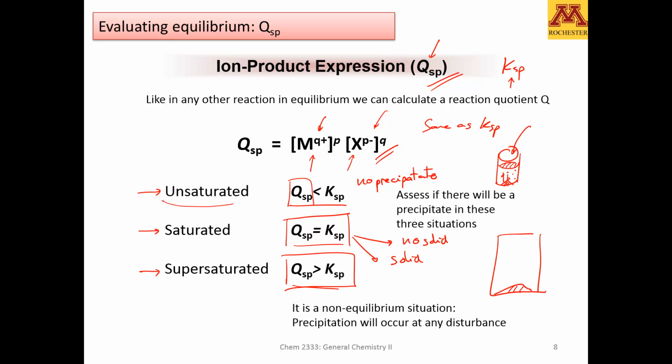Most of the times, it's a solution that has way too many ions, but they have not read the book and they do not know that they should be precipitating. I'm kind of joking here because this is called a non-equilibrium situation. A small disturbance to this equilibrium will make the solution precipitate right away. Eventually this will go back to a saturated solution.